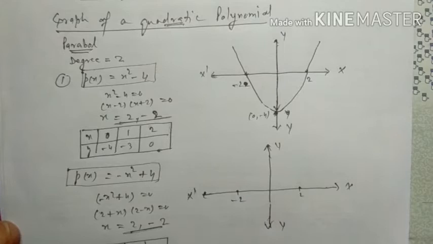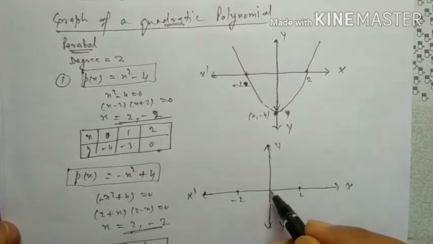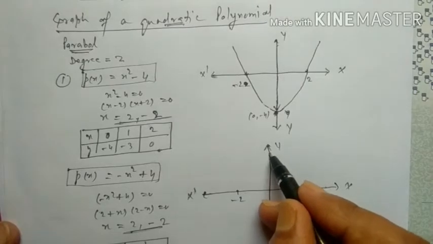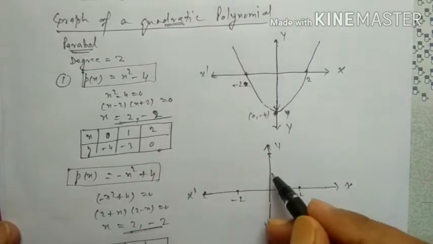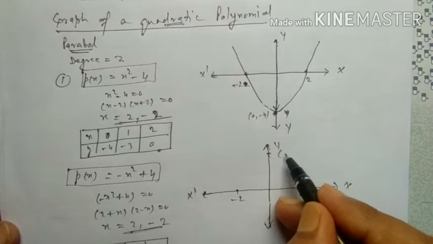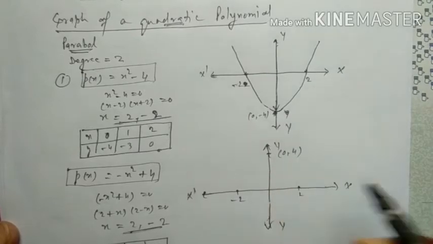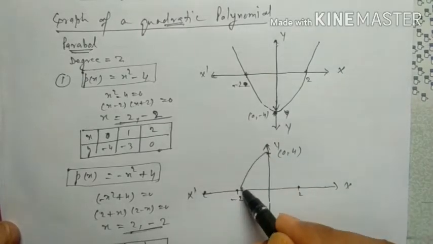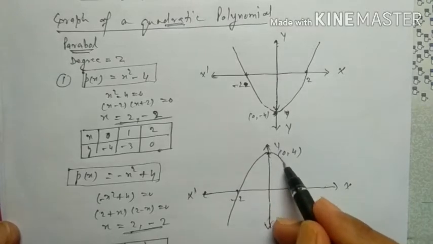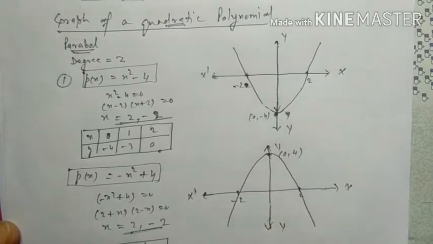Now x equal to 0, y equal to 4. Now you will see that the graph of this polynomial is like this.